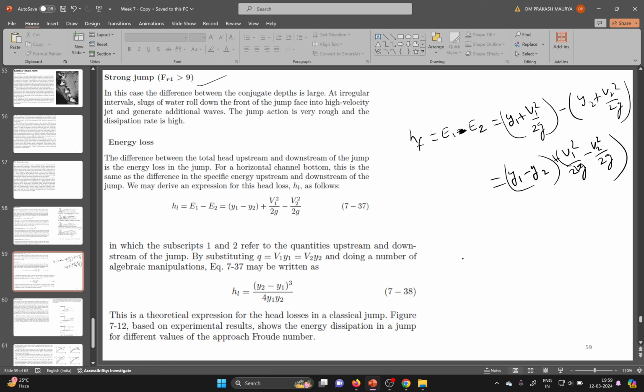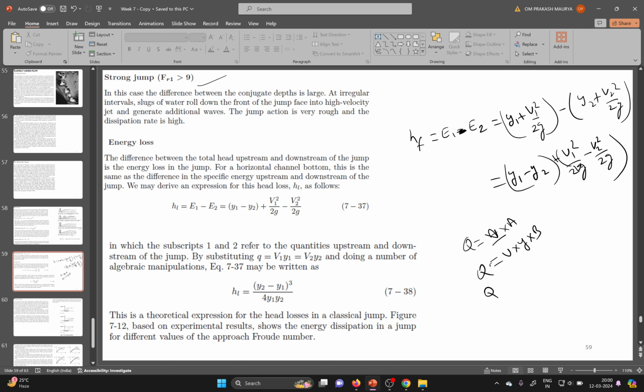V1 and V2 are related if the width is the same. Assume the width is similar, then your discharge is equal to area into velocity, that is velocity into y into b.